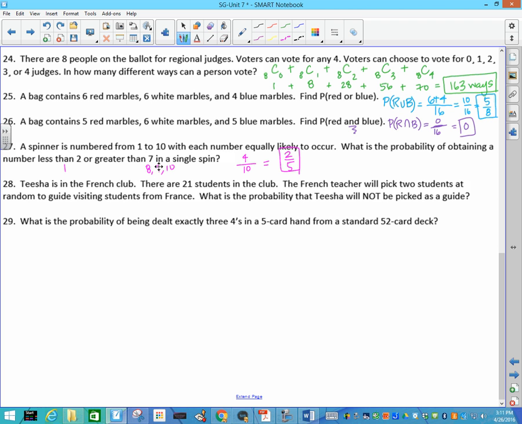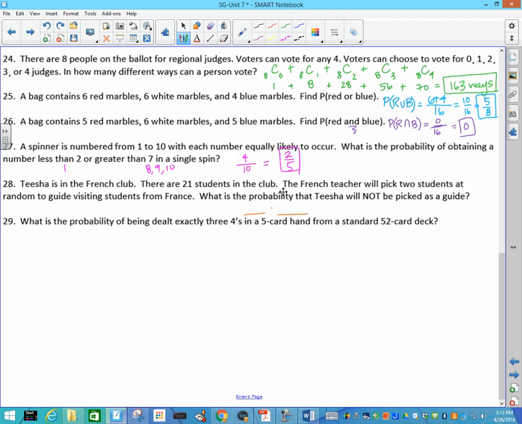Tisha's in the French club. There are 21 students in the club. The French teacher will pick 2 students at random to guide visiting students from France. What's the probability that Tisha will not be picked as a guide? Okay, so the teacher is picking 2 students, so she has 2 choices to make. The probability that she chooses Tisha, but they want the probability she's not chosen.